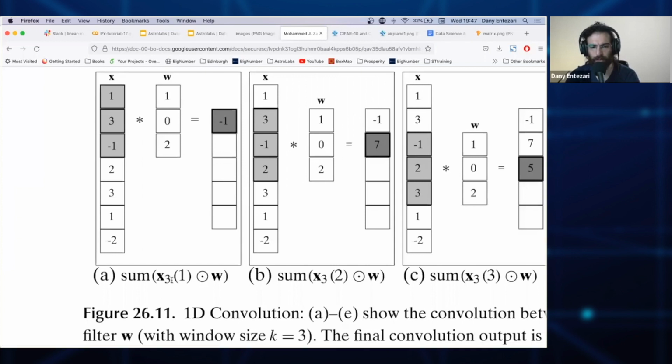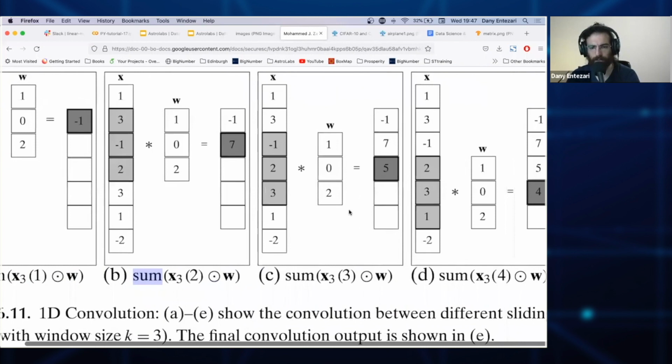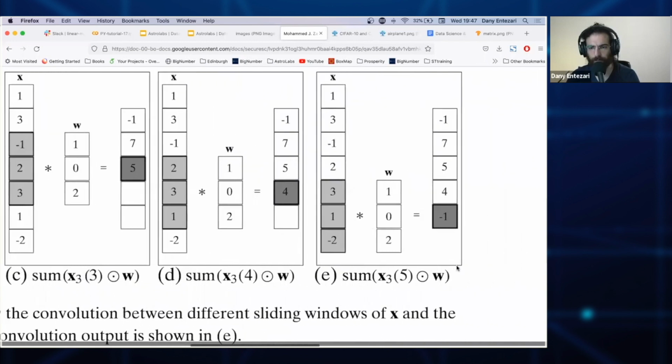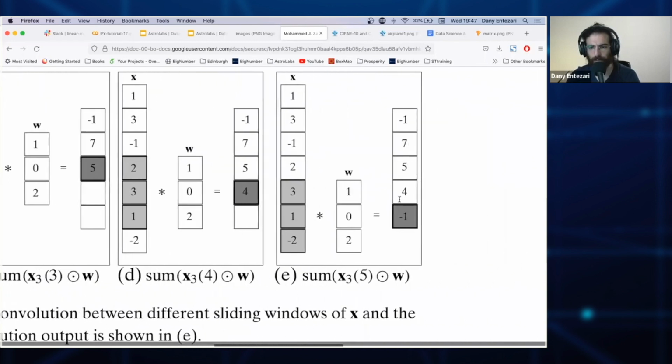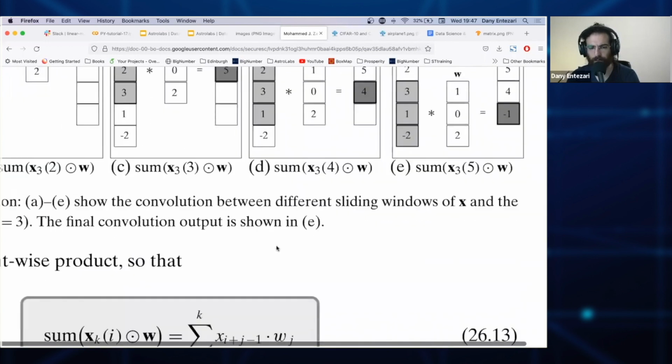The subscript corresponds to the size of the filter, here denoted by W. So the first subsection, the second subsection, third subsection, and you are going to add the result of this element-wise operation. That's what you're seeing here. So this sum is that value. This sum is that value, and so on. And then you will sum up all of these together. So you're going to add up -1, 7, 5, 4, -1. And this will be put into another matrix.